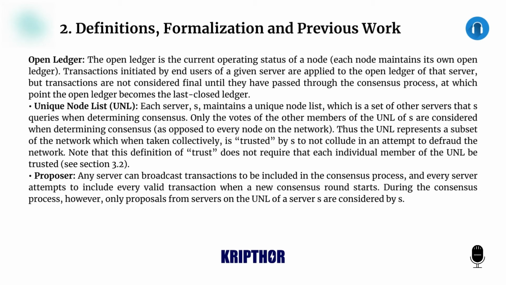Note that this definition of trust does not require that each individual member of the UNL be trusted. See section 3.2. Proposer. Any server can broadcast transactions to be included in the consensus process, and every server attempts to include every valid transaction when a new consensus round starts. During the consensus process, however, only proposals from servers on the UNL of a server S are considered by S.